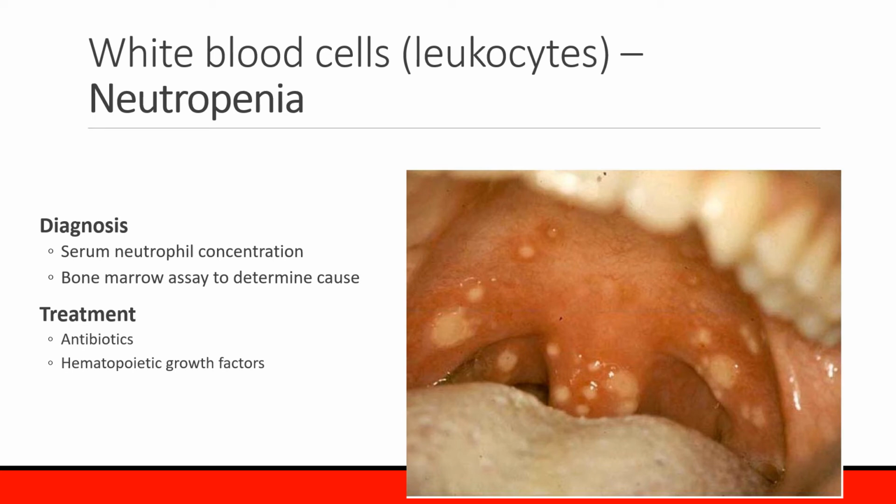You would use antibiotics to take care of any bacterial infection, and then you would deliver hemopoietic growth factors to stimulate the precursor cells inside the bone marrow to produce more neutrophils. This neutropenia would leave you immunocompromised and susceptible to bacterial infections.